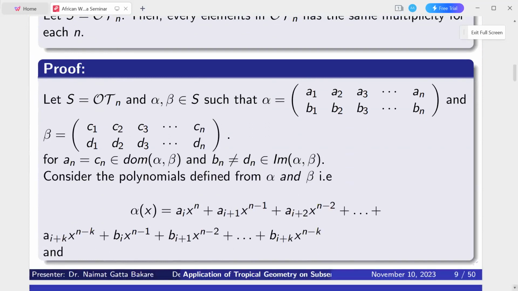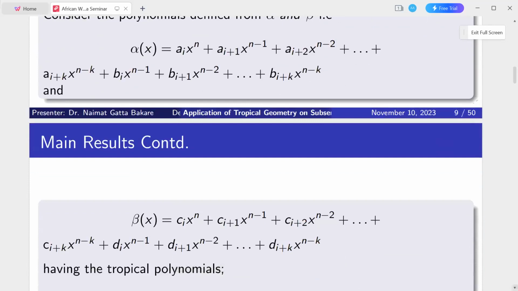We are assuming that alpha is one of the transformations and beta is one of the transformations, such that the elements in the domain are always the same under our transformation, but it's only the images that are different. So we look at that, then we prove our result of theorem 1.